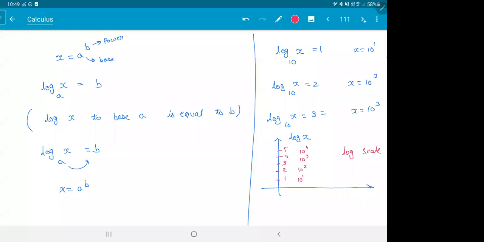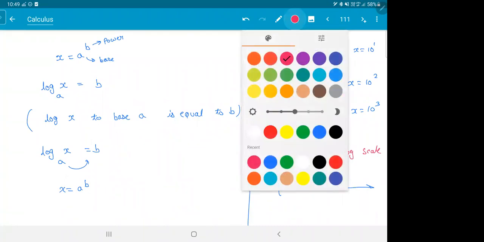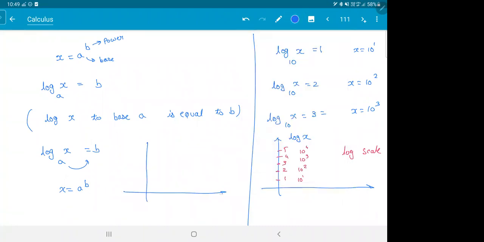This is quite useful when you're trying to study in terms of percentages. For example, if you try to draw the world population, it will be pretty bad actually. It's very difficult to understand what's happening. But suppose I try to plot this on a log scale.